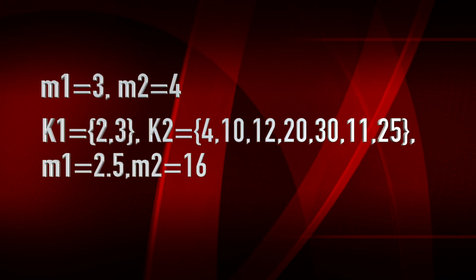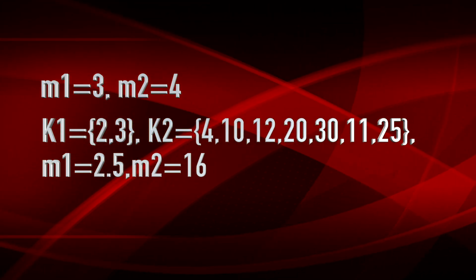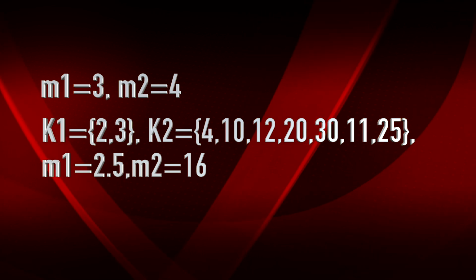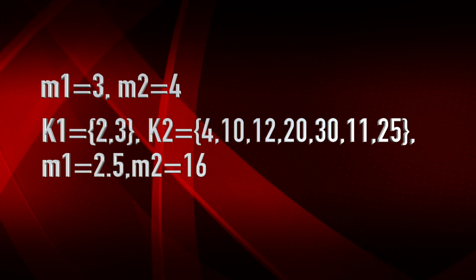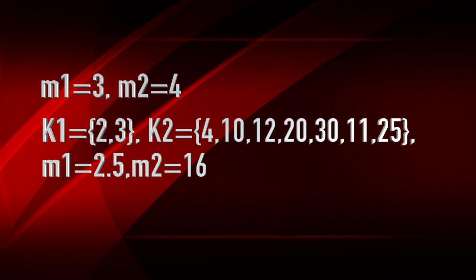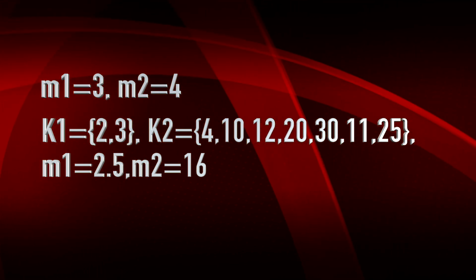Now, let us start working with the data points. The data point 2, is it close to 3 or 4? It is obviously close to 3. So, I will put this data point 2 in cluster K1. Point number 4, is it closer to 3 or 4? It is closer to 4. Hence, I will put this in cluster K2.